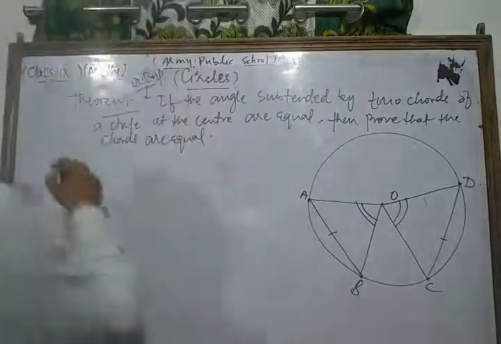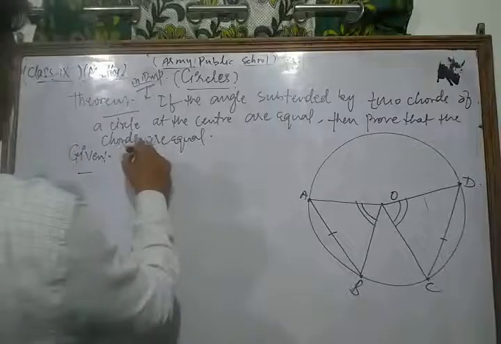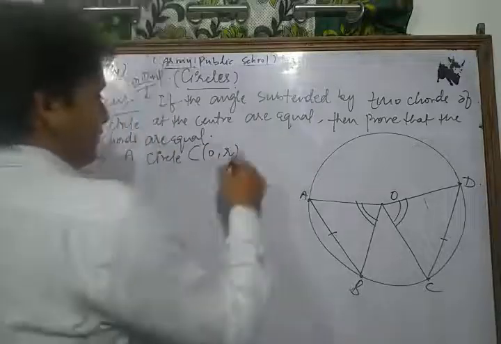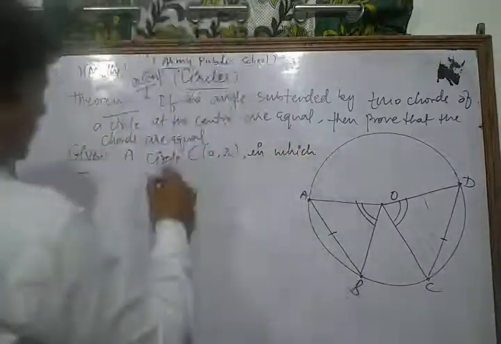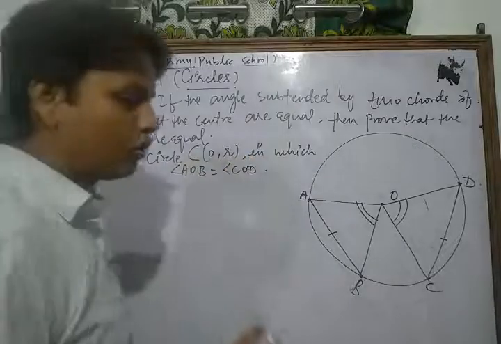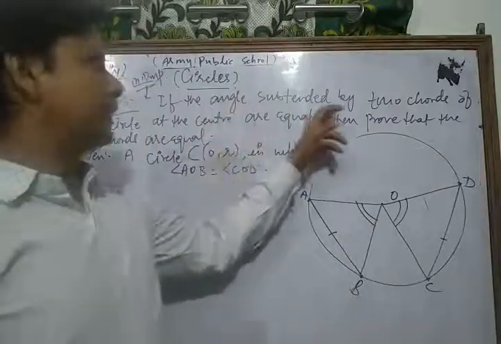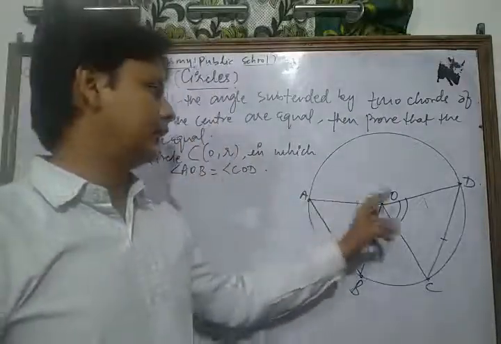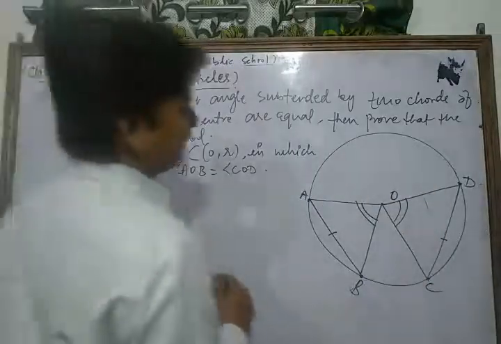Now let's see. First of all, we write given. In given we write a circle C with center O and radius R, in which angle AOB is same as angle COD, because in that theorem the angles subtended by two chords at the center are equal.